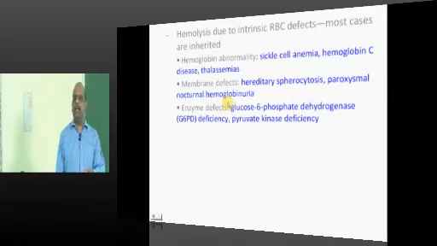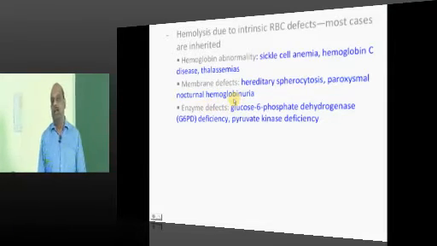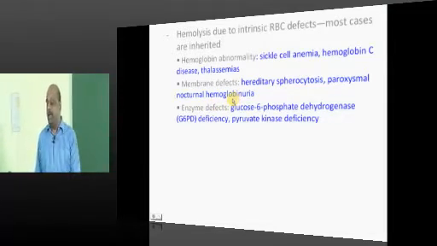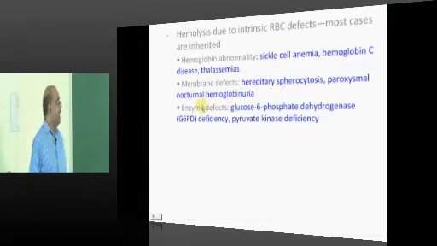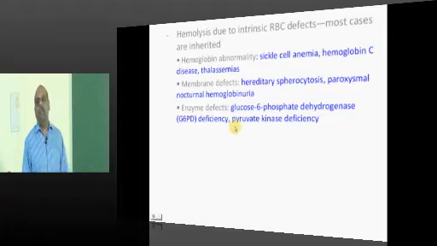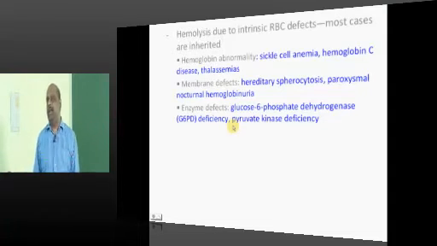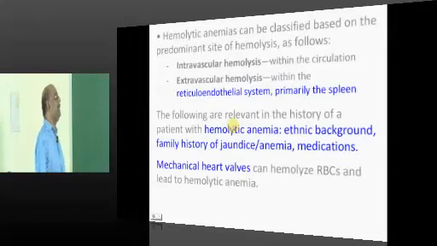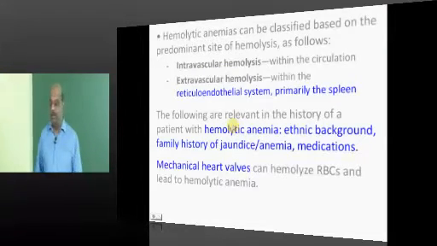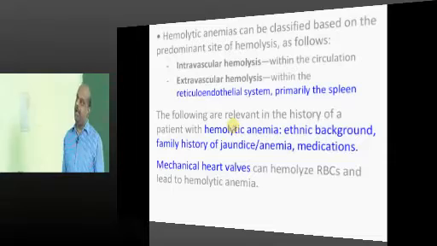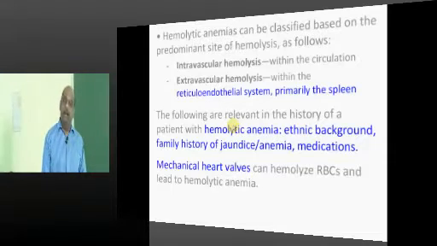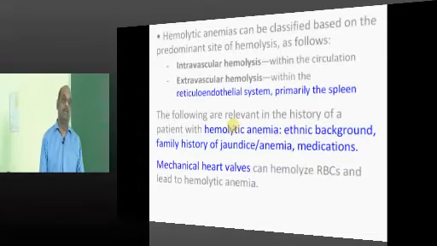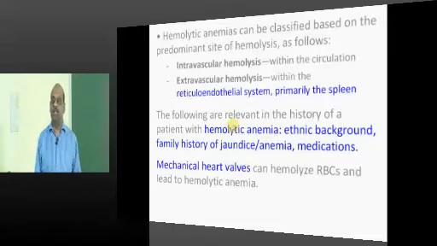Similarly, hereditary spherocytosis, paroxysmal nocturnal hemoglobinuria are the intrinsic RBC membrane defects, and G6PD and pyruvate kinase deficiency are the enzymatic defects which promote the hemolysis, is what we have to fundamentally remember. So that is how, outside the membrane and intrinsic to the membrane, we differentiate broadly the causes of hemolysis.